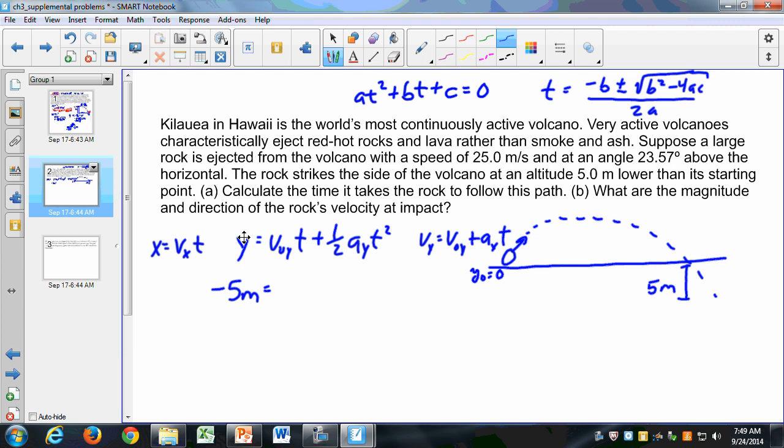So v naught y is the y component of our velocity, and we find that by our velocity times what? That's right, sine of the angle. So this is going to be 25 sine of 23.57 times t, and then 1/2 of a is -5 t squared.